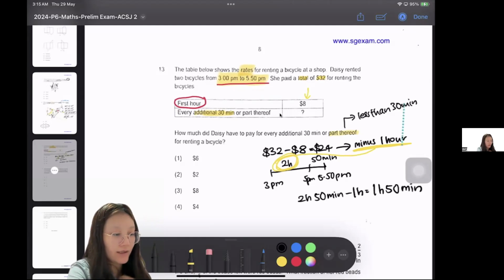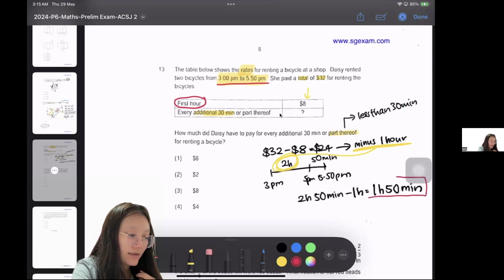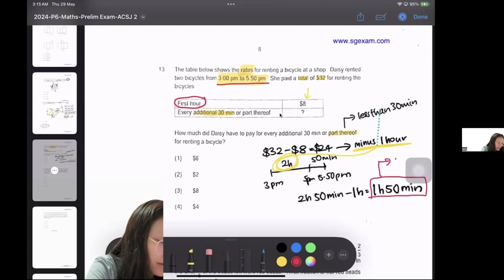Okay, so this 1 hour and 50 minutes is your extra 30 minutes. I just changed additional to extra. This extra 30 minutes.